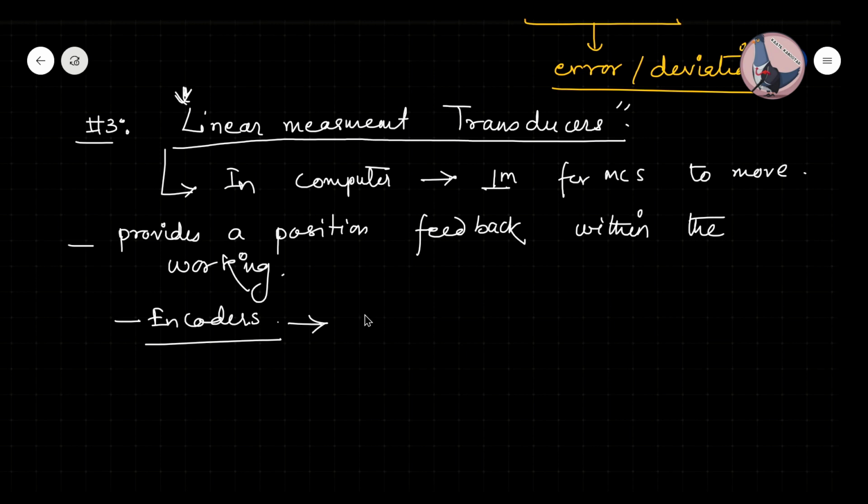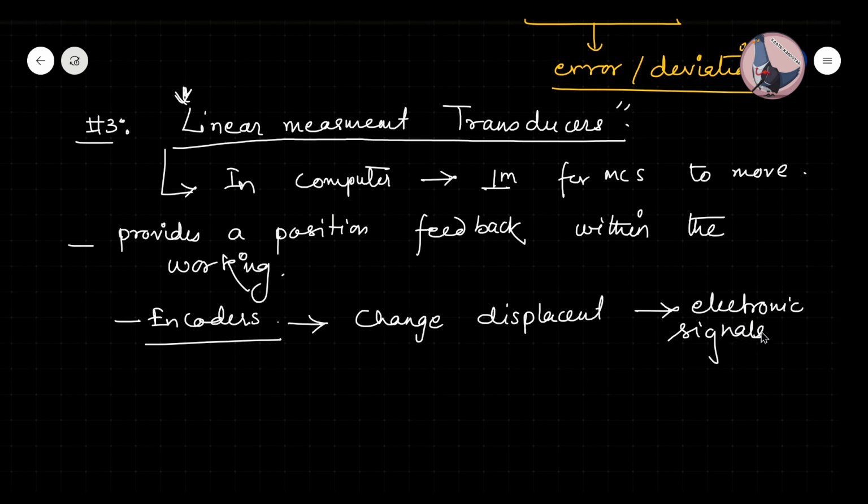Encoders are a type of transducer which change displacement, or motion, into electronic signals, and these electronic signals are given back to the system to make the possible corrections.